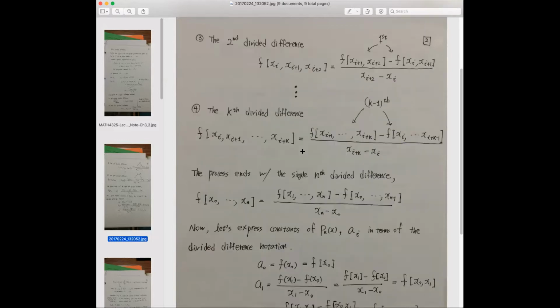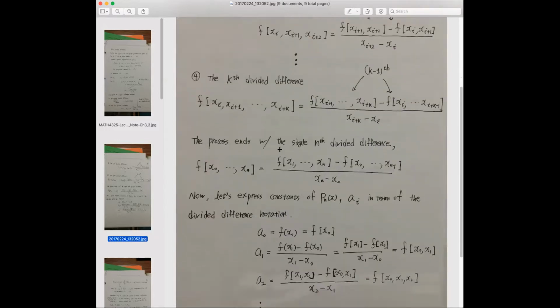The process ends with a single nth divided difference, which is going to be a sub n. So I told you we want to find the constants a0 through an. That is nothing but finding the zeroth through the nth divided difference.